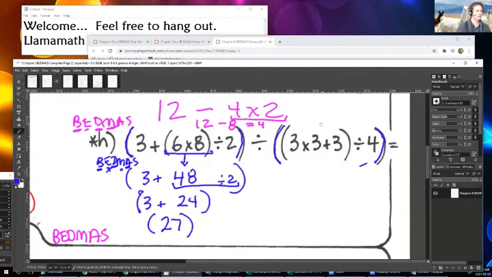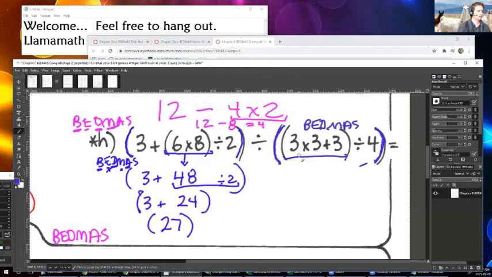I still have to do this half of the equation, so let's do that then. So in this side here, you know what, I'm going to do a slightly different flavor. I'm going to do BEDMAS over here, inside of this purple set of brackets. So is there a bracket inside? Yeah, it's this bracket. Inside of this bracket, we need to start BEDMAS again.